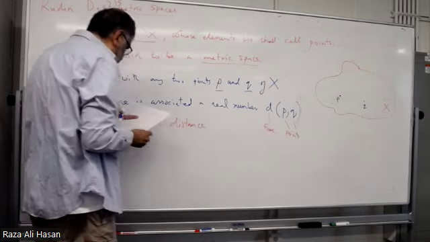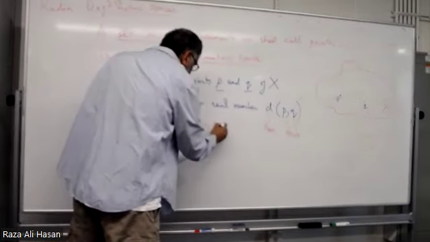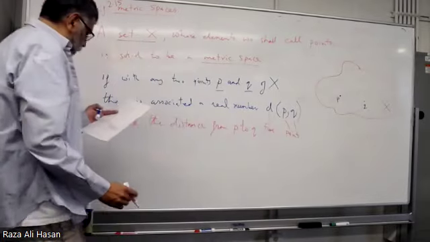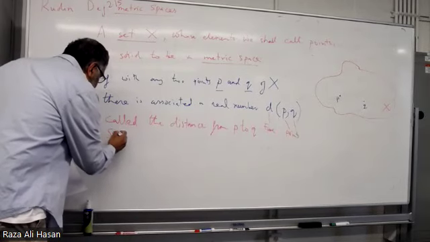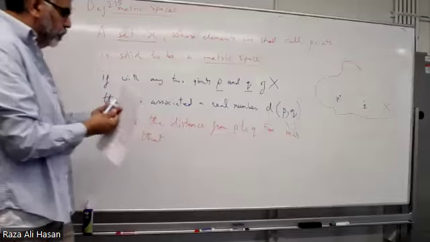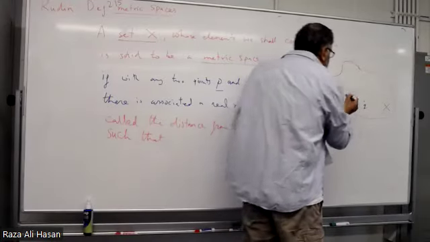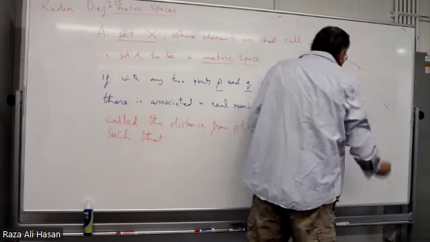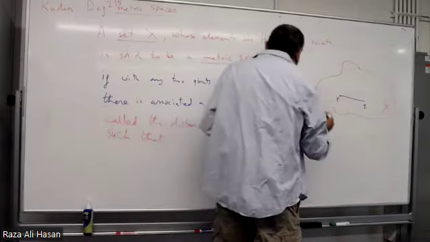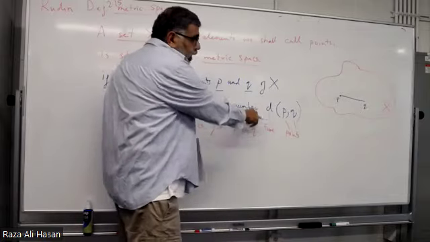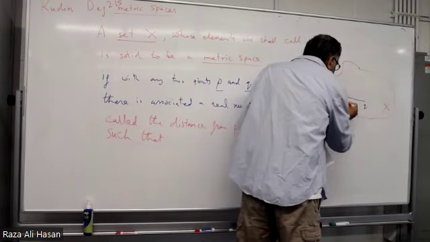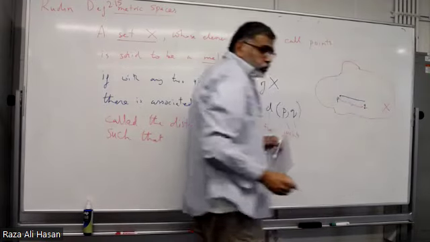And this is how Rudin defines it, from P to Q, such that, and then we have three conditions. So here's our P and Q. And this function here will allow us to calculate the length, the distance between these two guys.